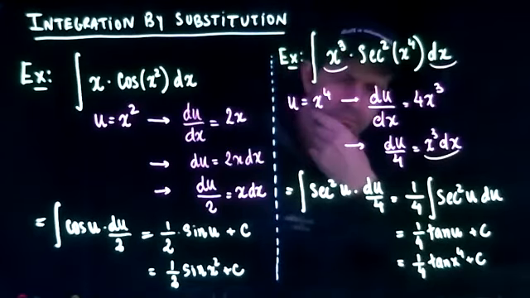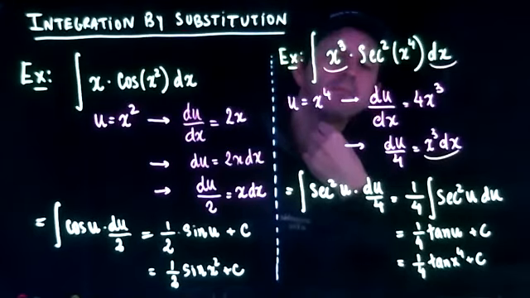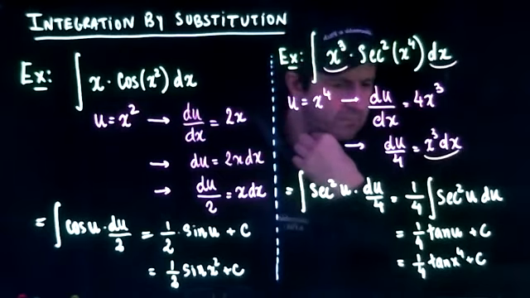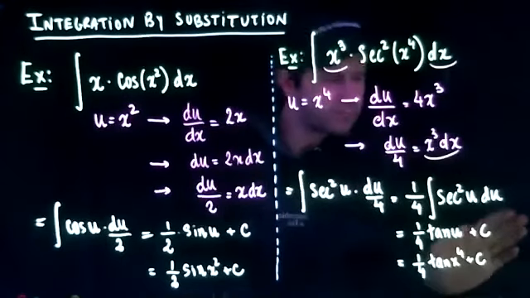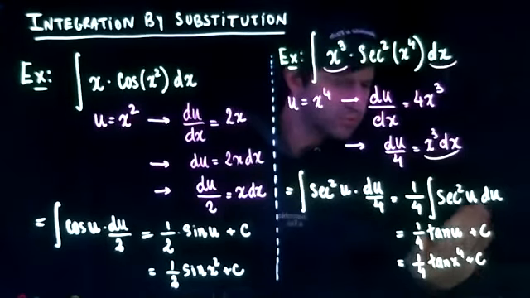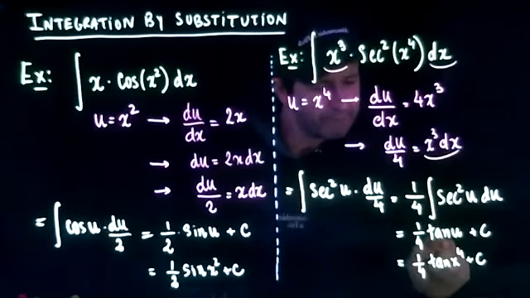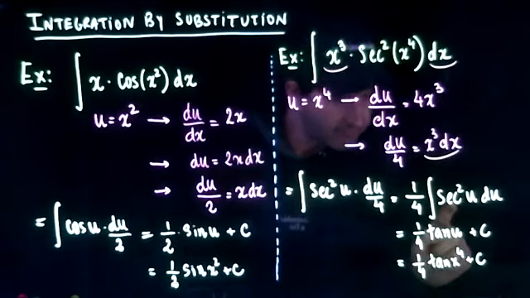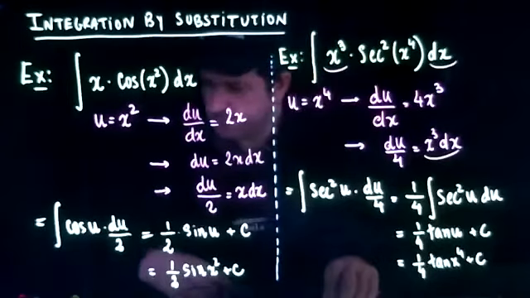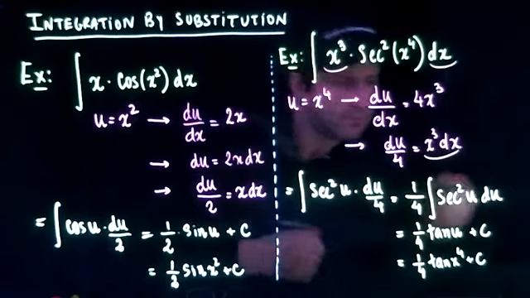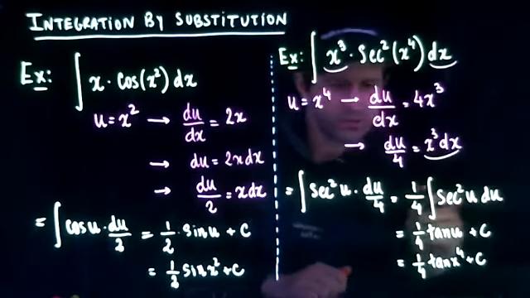How does sec squared u du become tan u plus c? The plus c, forget. It's just the constant. But how does the sec squared become tangent? I'm finding from here to here. I don't think there's space.